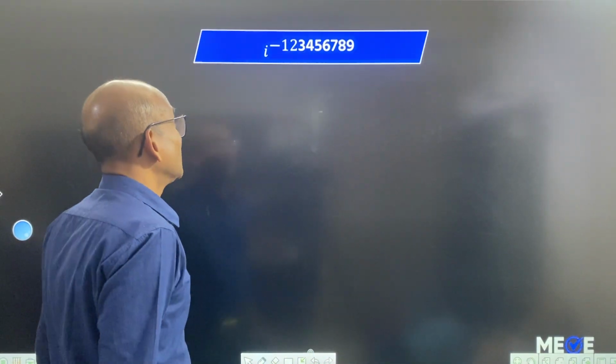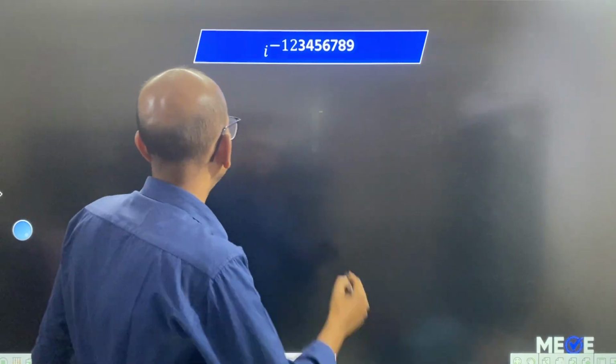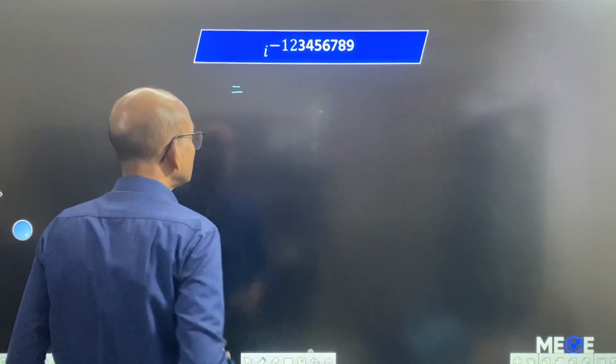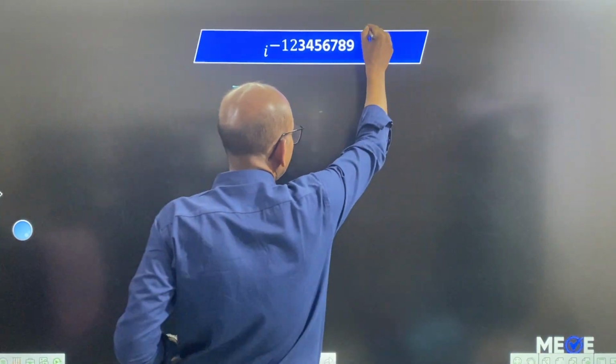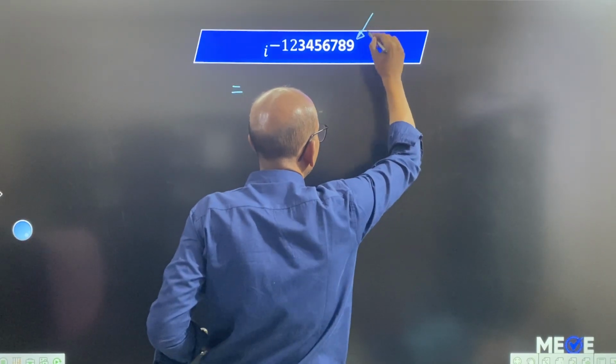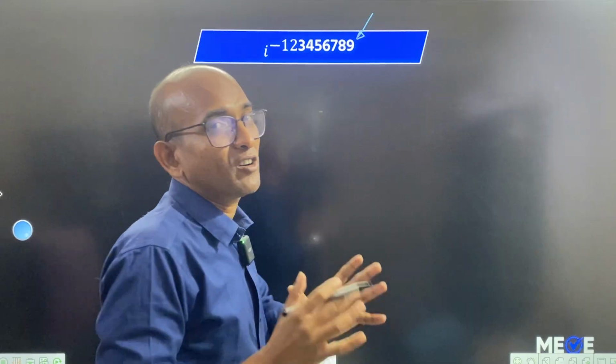What is it? Wow, there is a negative number. In case of negative numbers, just mind it once: whether the last digit, the rightmost digit, is an odd number or an even number.